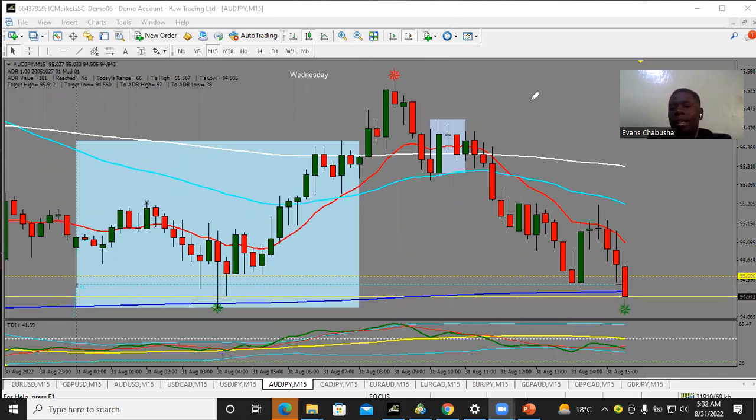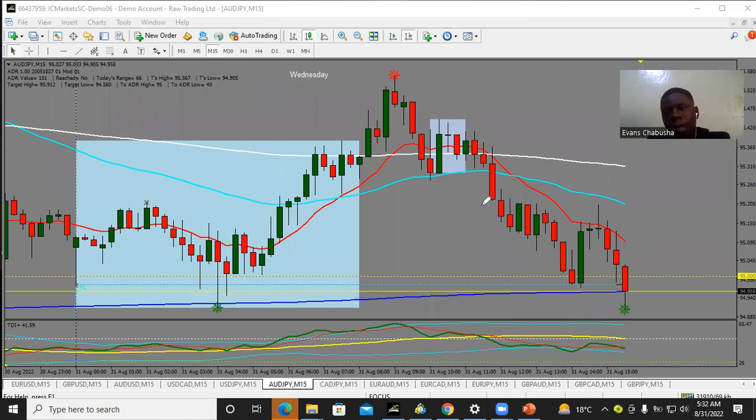Like maybe there's a news release you didn't consider, or maybe the market maker has seen that there is money up there. So when you enter, you're going to put a protective stop.